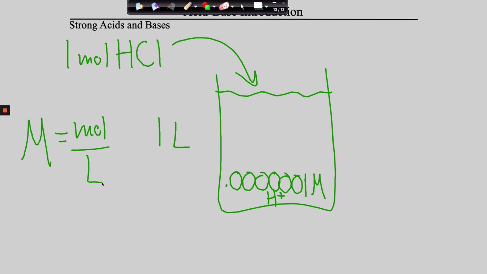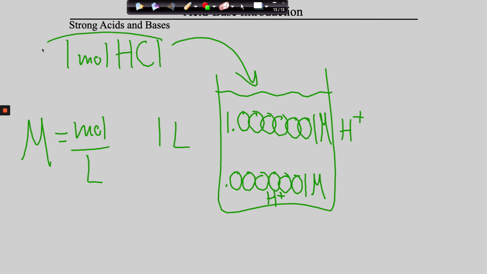So what is now the molarity, the concentration of hydrogen ion in this solution? Well, it's 1.0000001 molar of hydrogen ion. So it's 1 molar because we put 1 mole into 1 liter.